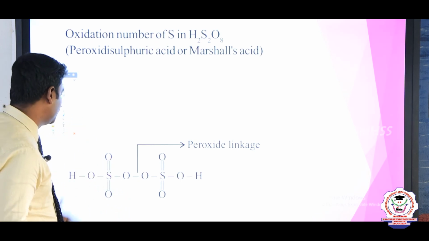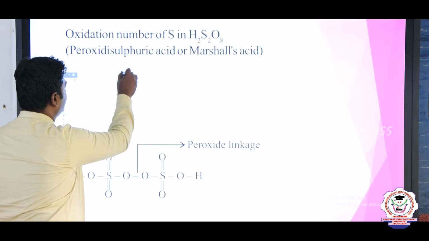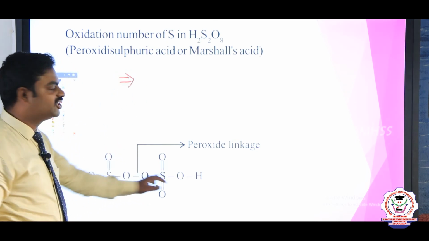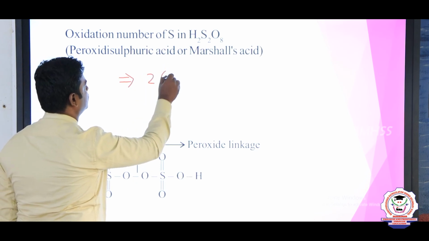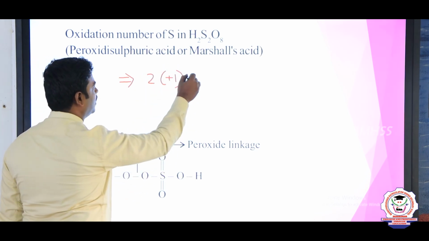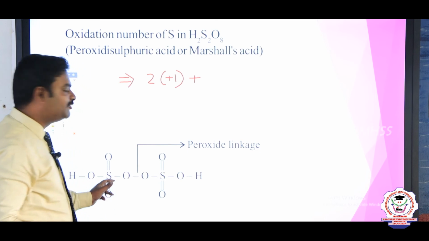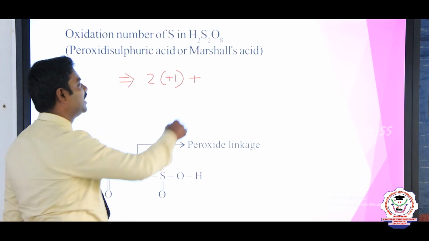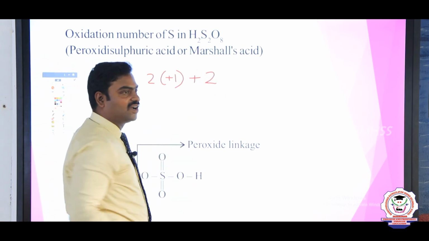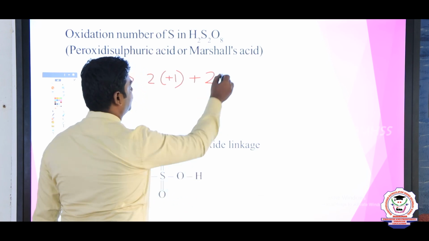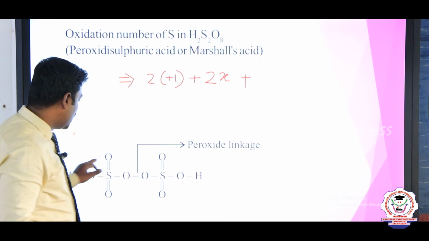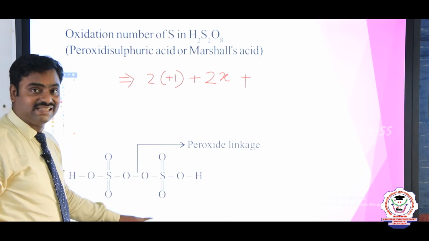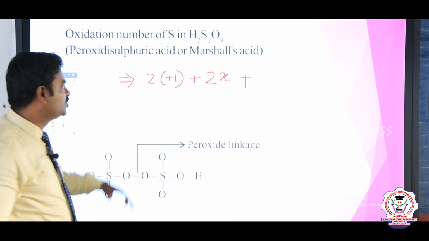The same usual way. How many hydrogens are there? 2 hydrogen, 2 into plus 1. Each carries plus 1 charge. Plus, how many sulfurs are there? 2 sulfur. So consider the oxidation state of sulfur is X, so 2X. Plus, see, 1, 2, 3, 4, 5, 6. 6 oxygens are carrying minus 2 charge.